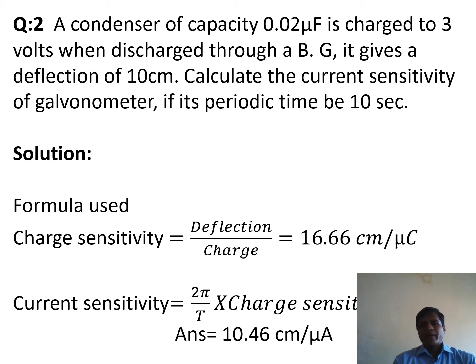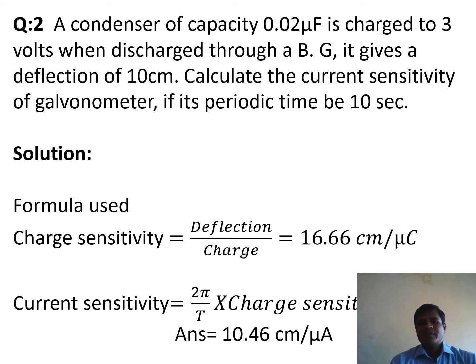And charge can be calculated by knowing the values of its capacitance and the voltage. That is Q is equal to C into V, where C is 0.02 microfarad and V is 3 volts. So that will give the charge on the capacitor.